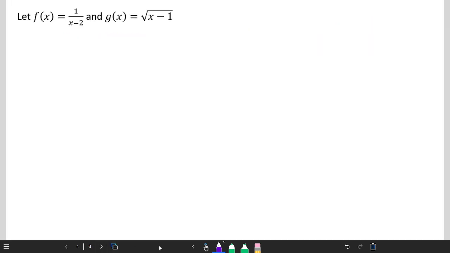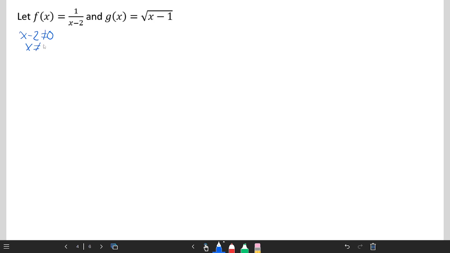Here's another example. So we have f of x equals 1 over x minus 2 and g of x equals square root of x minus 1. So for the domain of f, you can substitute anything into f except you don't want a denominator of 0. We've talked about that before.